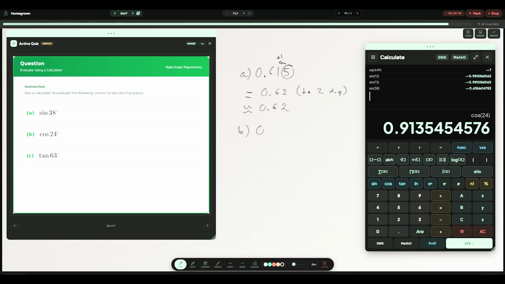So we're going to write that out, to two decimal places. And then our third digit here is our critical digit. Now our critical digit is less than 5, which means that this is approximately equal to 0.91. If it's lower than 5, it means we just drop it. We just get rid of it.